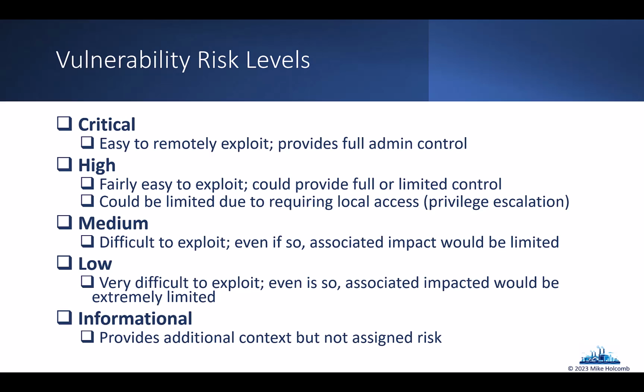So, vulnerability risk levels. This is what I was mentioning earlier: when you get a vulnerability, you want to understand, if somebody exploits this vulnerability, how bad is it going to be? And how hard is it for them to take advantage of it? Critical, the worst of the worst, means it's very easy to exploit, and you can do this remotely.